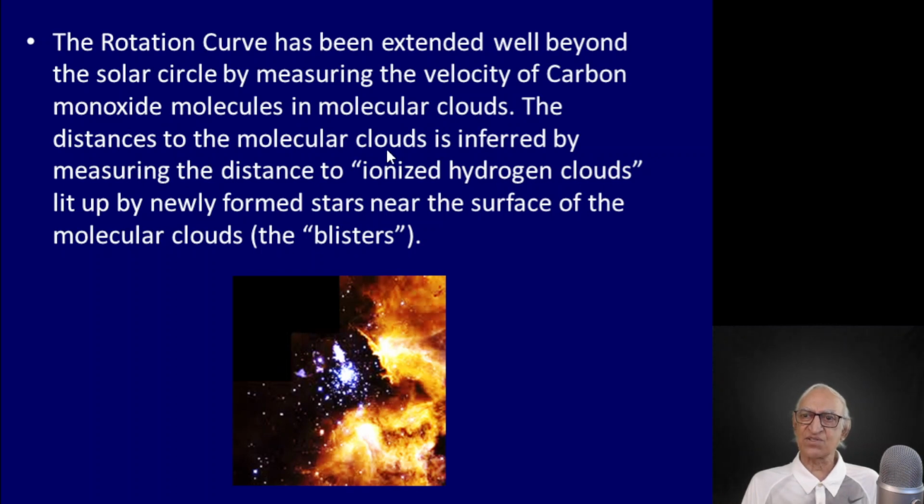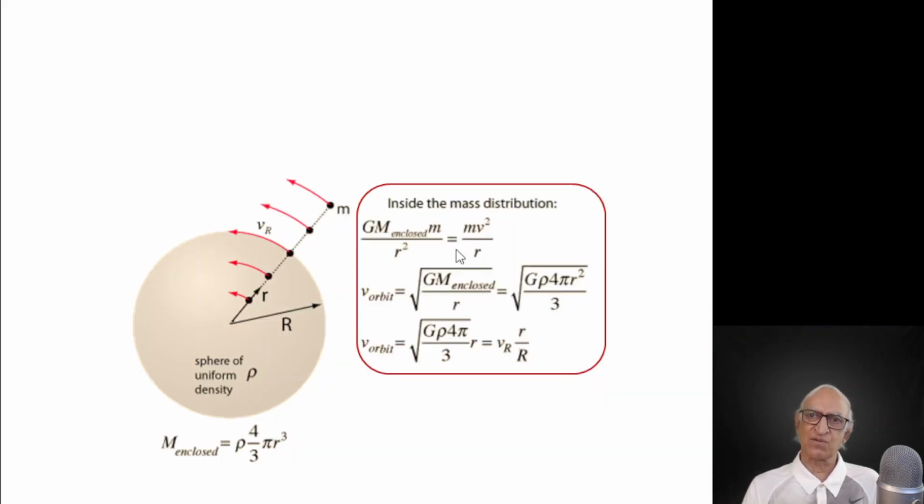The distances to the molecular clouds are inferred by measuring the distance to the ionized hydrogen clouds lit up by the newly formed stars near the surface of the molecular clouds, namely the blisters. So using these two techniques, astronomers have been able to determine the law of rotation of our galaxy.